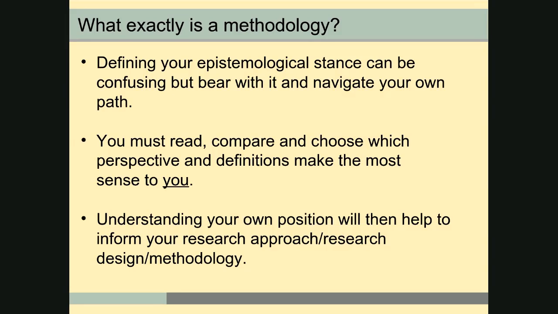But that's not the definition I've used in various different write-ups. And again, it's not necessarily wrong. It doesn't mean that the definition that I've written down here from Google is the most right one, but it's really important that when you're writing up your methodology, you do define what you mean by epistemology and then spell out your position.